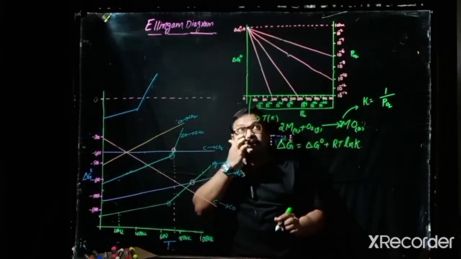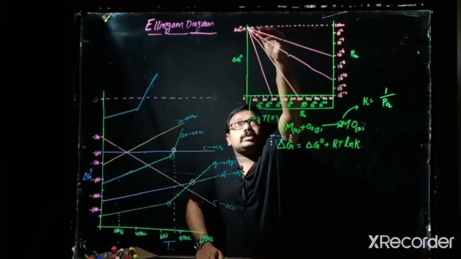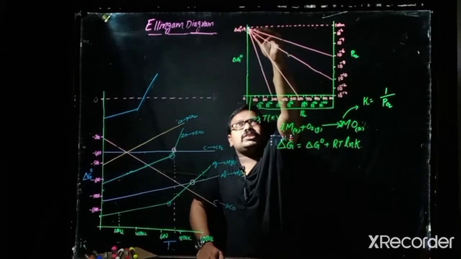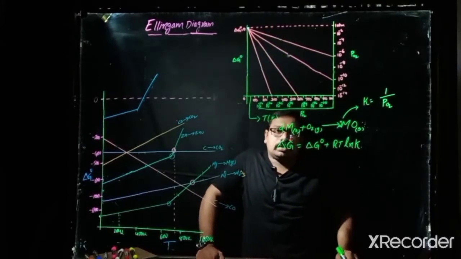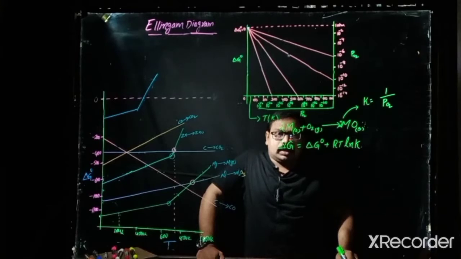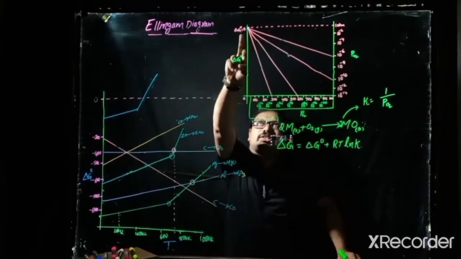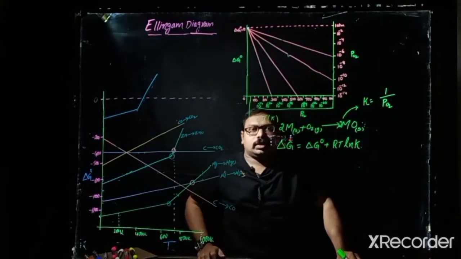If you draw many lines from delta G naught equal to 0, this is the nominal graphical line. At this point the temperature is taken as 0, and the standard Gibbs free energy value is also taken as 0.